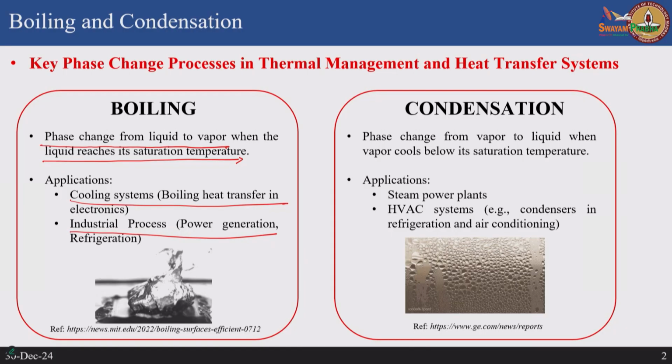Your saturated liquid is converted into vapor, and when it comes to condensation, it is just the opposite effect. There is a phase change happening, but it is converting vapor to liquid. When you have a surface which is below the saturation temperature of vapor, the vapor cools and converts its phase from vapor to liquid.